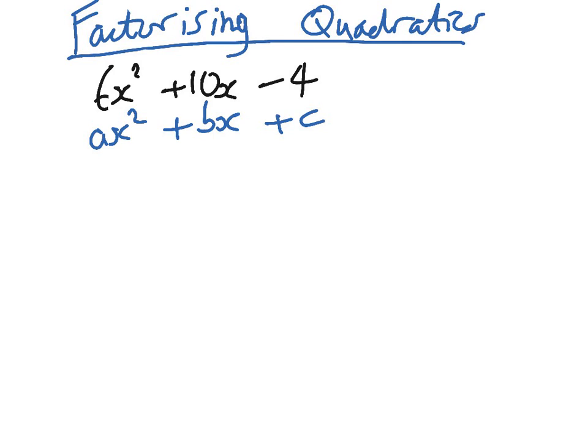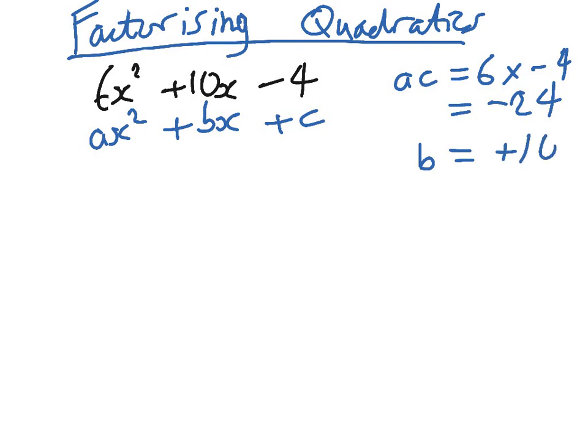And we require the product of a and c. So ac is just 6 multiplied by -4, which is -24. And also that b is equal to 10. I'll just put plus there as a reminder for later.